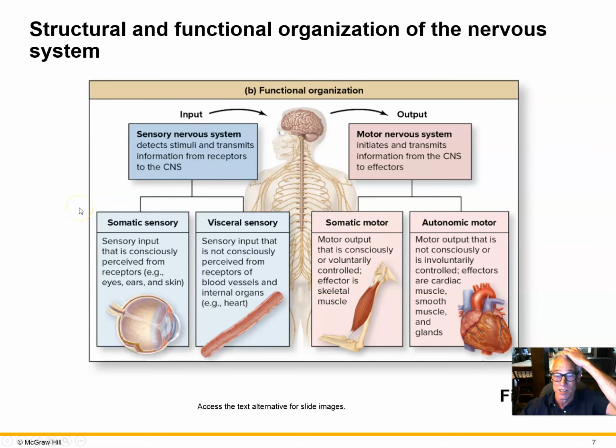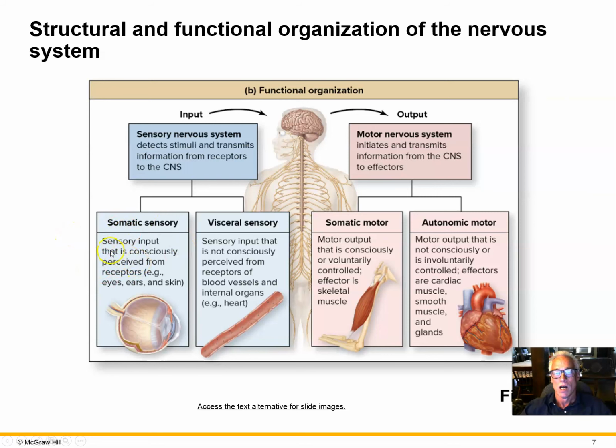And here's fleshing things out a little bit more. We're thinking again here, over here on the left is the afferent sensory divisions, and the somatic sensory divisions include all the sensations that we are aware of, that we can perceive. So touch and pain and temperature changes and itch and sight and hearing and so forth.